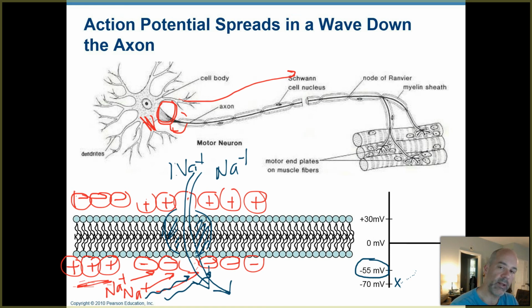And so here in that little patch of the membrane, boom, we're going to have our action potential. We're going to go up to +30, and then just like we saw in the last video lecture, we're going to do our resetting process.